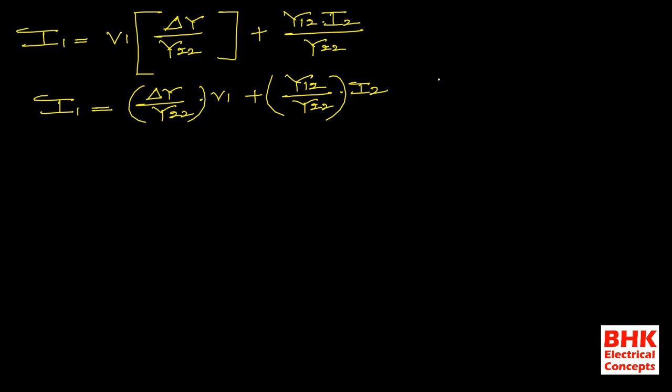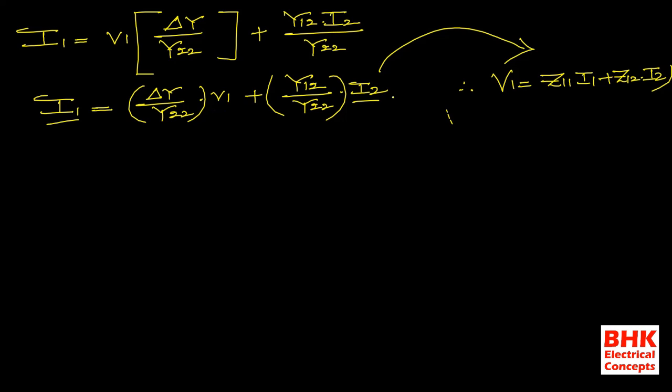But we know that our target is to convert from y parameters into z parameters. So what is the equation of z parameters for the first expression? v1 is equal to z11 I1 plus z12 I2. Now what is our target? We need to convert this equation into this equation, because we have I1, I2 and v1. So from this expression we can write the expression of v1.